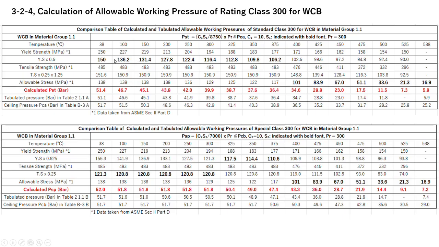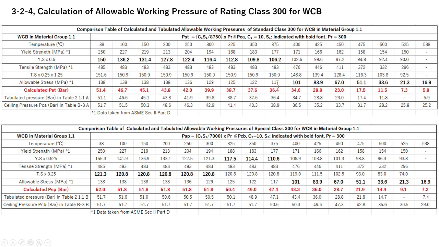So still yield strength multiply 0.6 is a lower value indicated. So that like this. So 370 is a border temperature for a creep range. So creep range is indicated to be indicated allowable stress. So allowable stress value indicated here taken from ASME section 2 part D. So like this. So the 375.